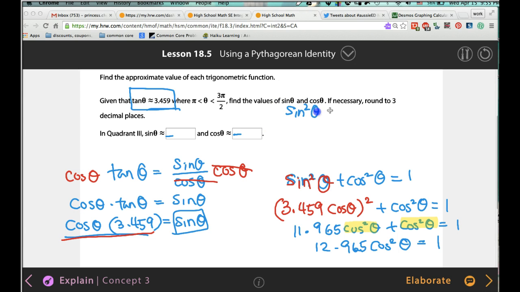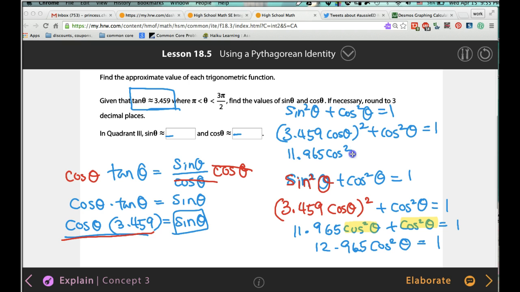So there you go. Sine squared theta plus cosine squared theta equals 1. I'm just copying all this stuff but putting it up here. 3.459 cosine theta squared plus cosine squared theta equals 1. And then I'm copying the next line. 11.965 cosine squared theta plus cosine squared theta equals 1.